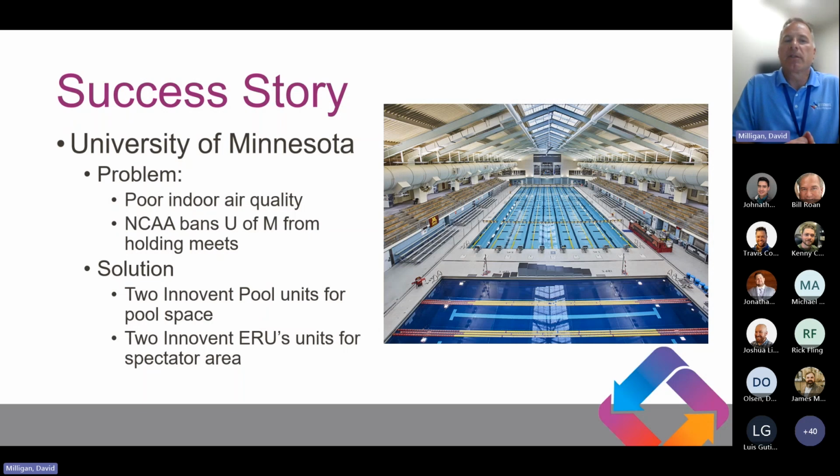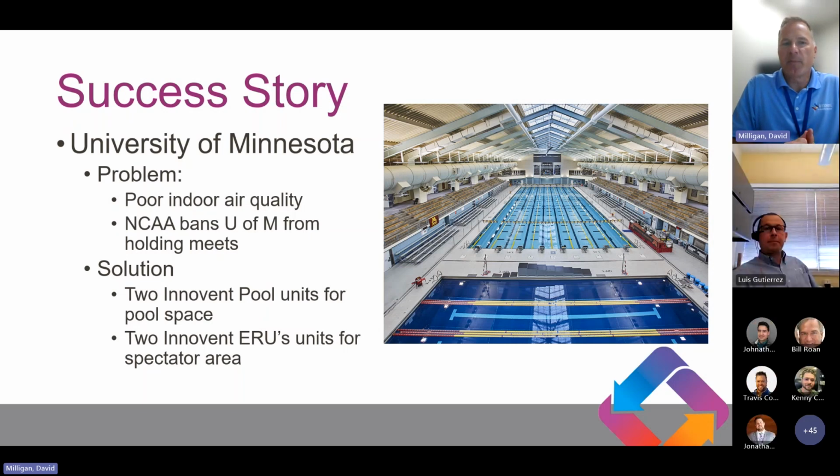So they looked to replace equipment. We provided 2 units for pool space control to control the humidity. And then we provided 2 units to handle the spectator loads. They had potential up to 2,000, 3,000 spectators on the sides there. And those spectator units just help maintain a nice, comfortable area for the spectators.